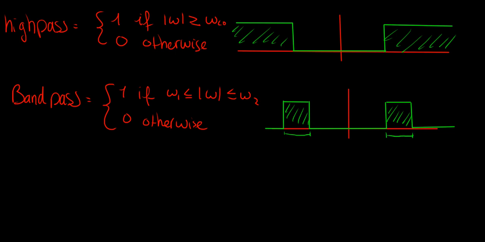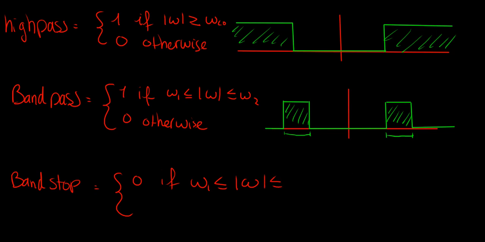Well, since we have a band pass filter, we also have a band stop filter. A band stop filter is just the same as a band pass, only turned around. So it is a 0 if our frequency is in between these values, and it is a 1 otherwise. Once again, we will draw it quickly, because if it is the exact opposite, we already know what it's going to look like.